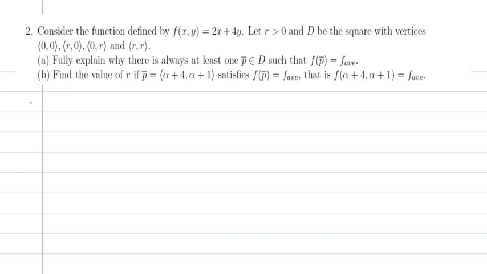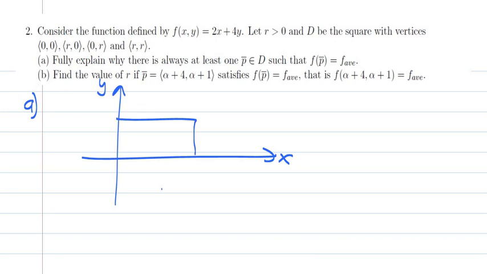So let's start and say, all right, let's look at what region D looks like. So let's quickly draw region D. So I have the x-axis, I have the y-axis. And it is a square with vertices (0,0), (R,0), (0,R), (R,R).